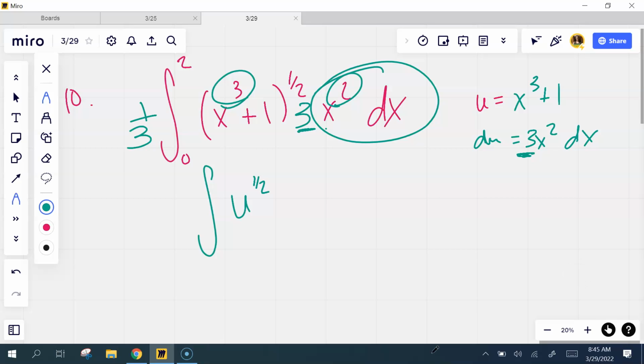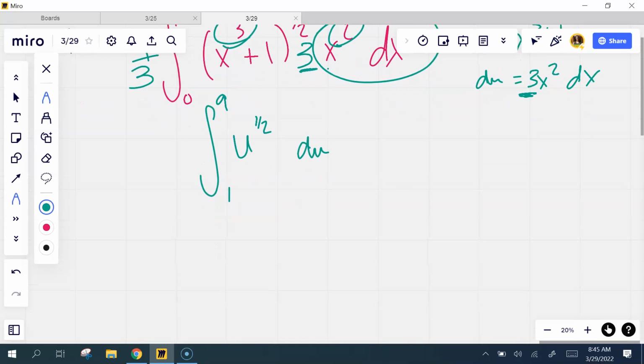So u of 0 would be 1, and u of 2, 2 to the 3rd is 8, plus 1 is 9. And now it's an antiderivative, and it becomes a much easier problem. 2/3 u to the 3 over 2 from 1 to 9.